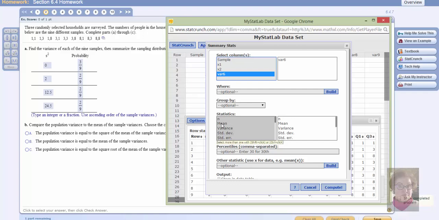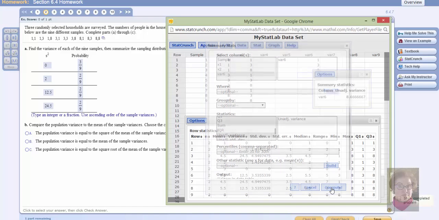We don't want to know any of these. We want the population variance, but here is the important thing: you need to use the unadjusted variance. That's what you need for the population variance, because remember, a sample variance is divided by n minus 1, and a population variance is divided by n. So let's compute.